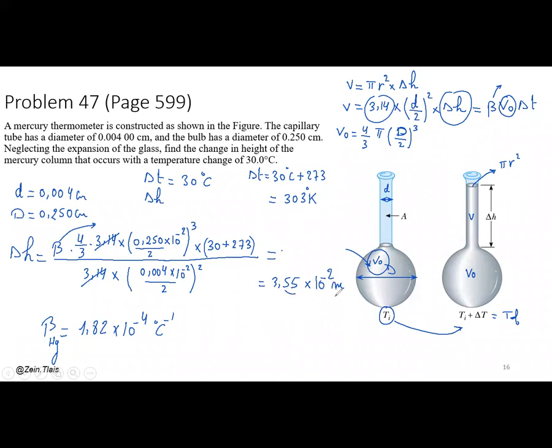This is the value of the final height, the change of height in the capillary tube. Here, the most important point, we are neglecting the expansion of the glass. Okay? I will give you another example in the case where we have an expansion of the liquid and the vessel.